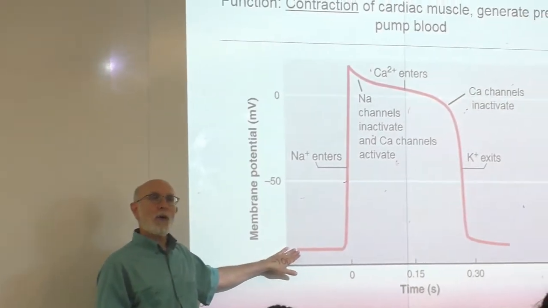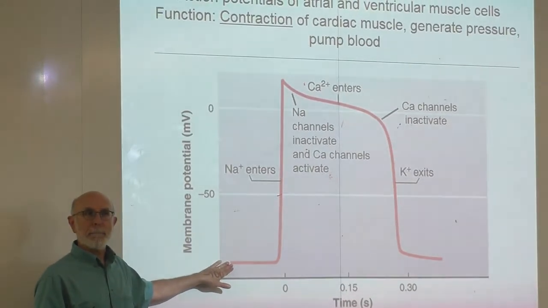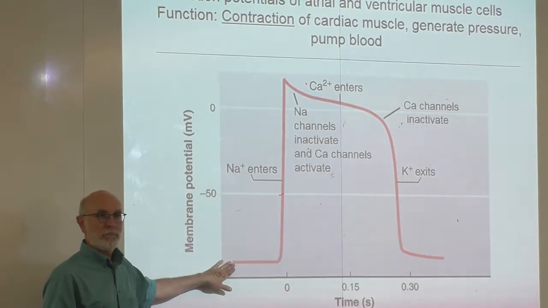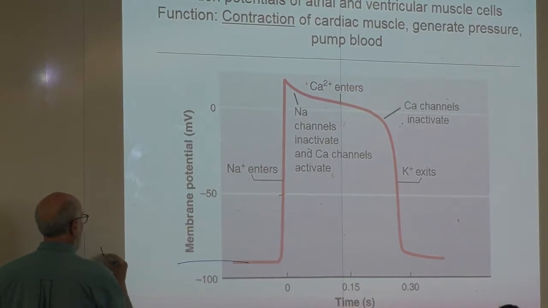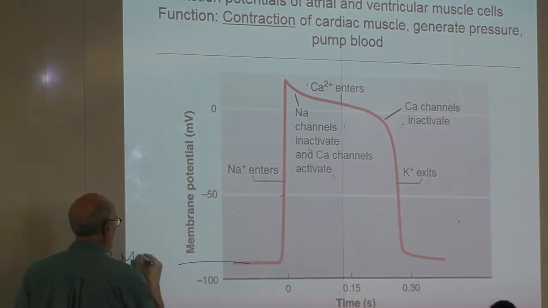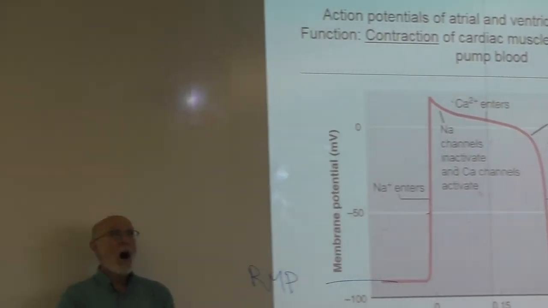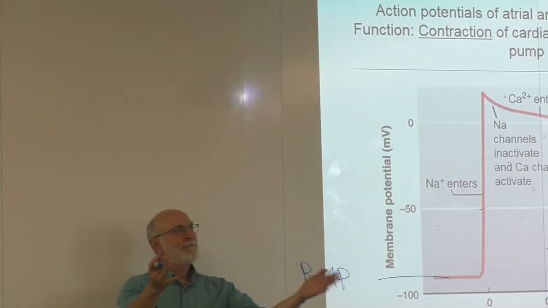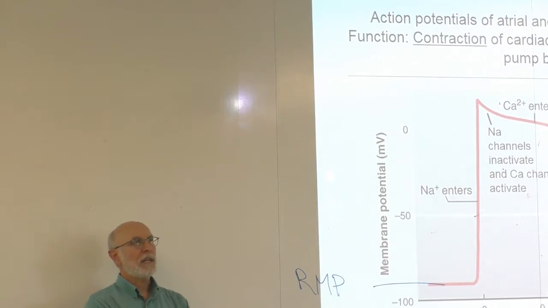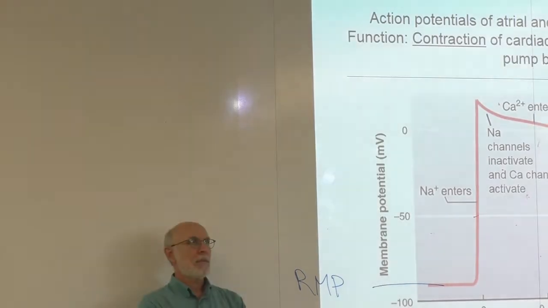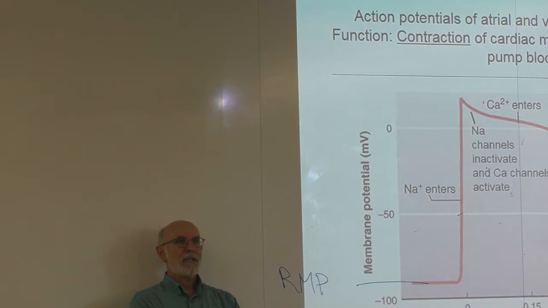Does the cell depolarize spontaneously? No. The cell has a very stable, very negative resting membrane. Why is it so stable and so negative? You tell me. Why would these cells, ventricular myocytes, have a very stable, very negative resting membrane potential?